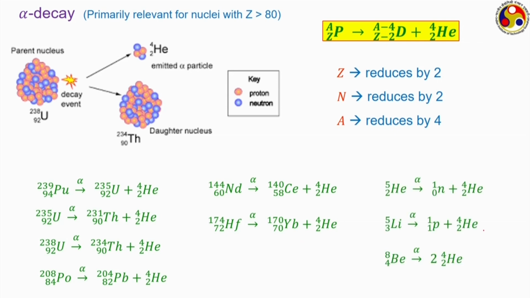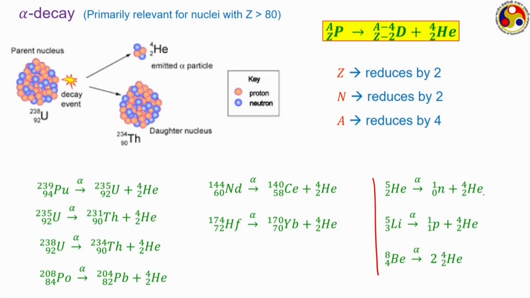And there are some very interesting examples in this particular group for extremely light isotopes, which are generally not associated with alpha decay. The first one is another isotope of helium itself, helium 5, which can release one neutron and thereby get converted to a helium 4 isotope. So, we can visualize this in either way: we can call this an alpha decay, or we can also call it the release of a neutron.